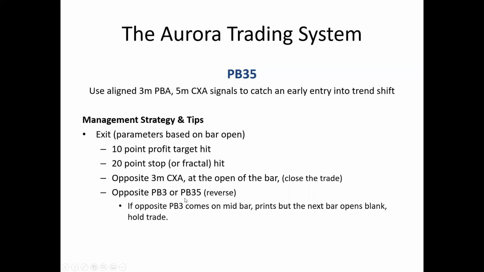So we mentioned in session 1 that the objective of designing the Aurora system was to, when we encounter a choppy period, navigate our way through that chop. And in that navigation, we might accumulate small profits, we might accumulate small losses, but going through the chop isn't going to be generally a big negative for our account.